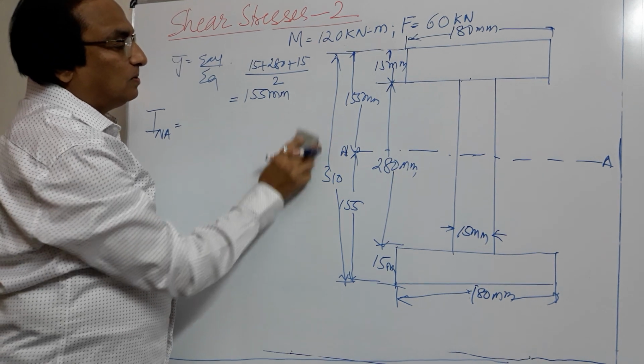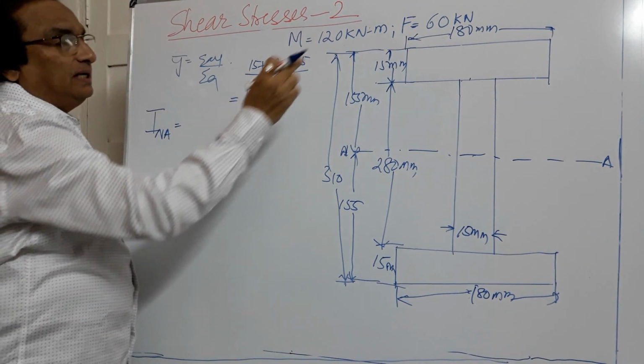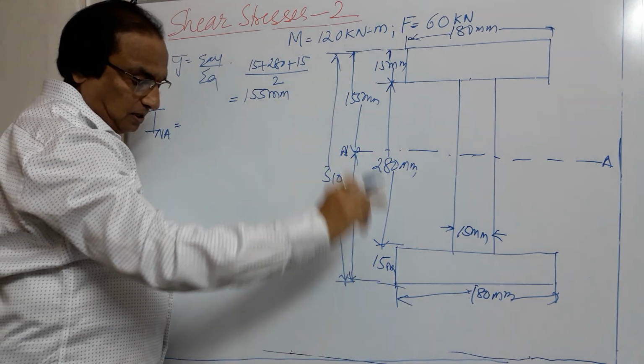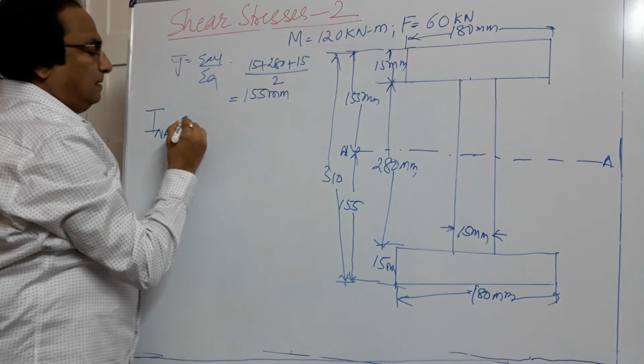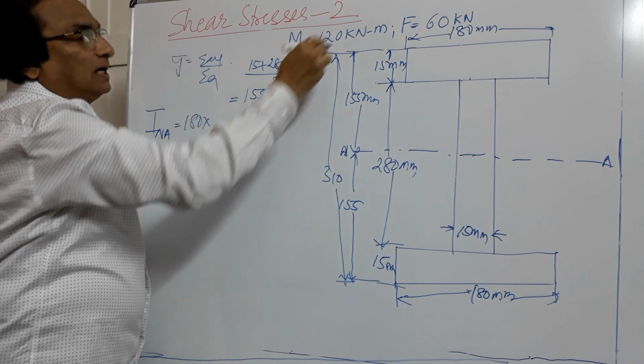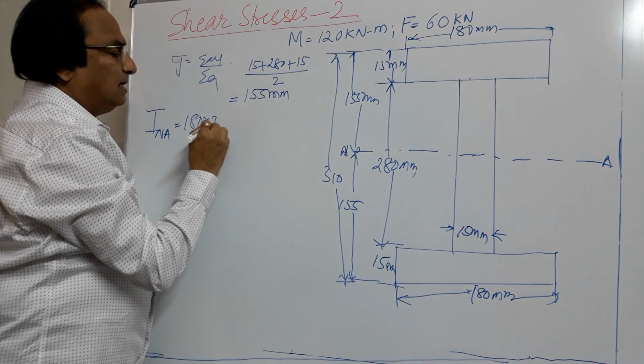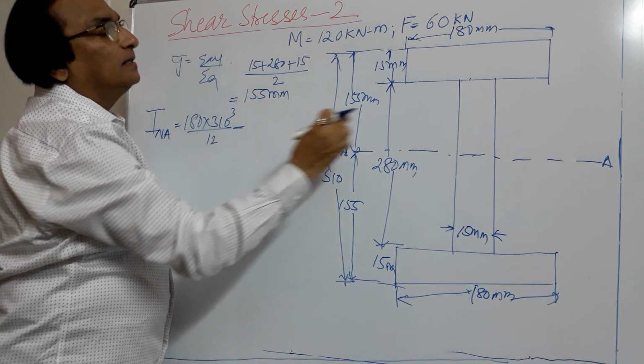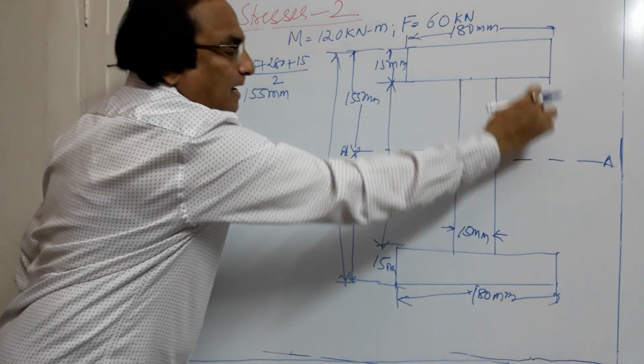So this will be equal to B d cube by 12. The moment of inertia of a rectangle is B d cube by 12. So this B is 180 into the total depth 310 cube divided by 12, minus these two areas which I have to deduct.